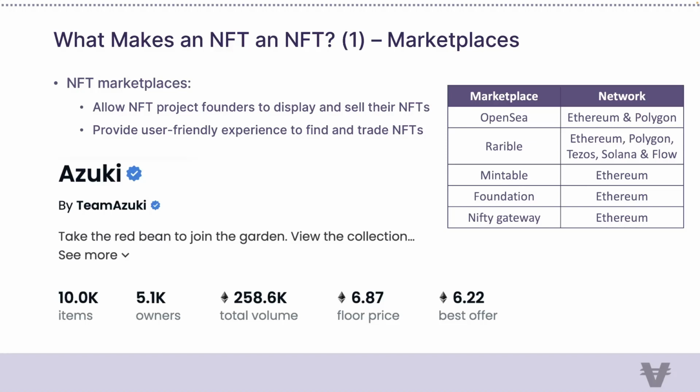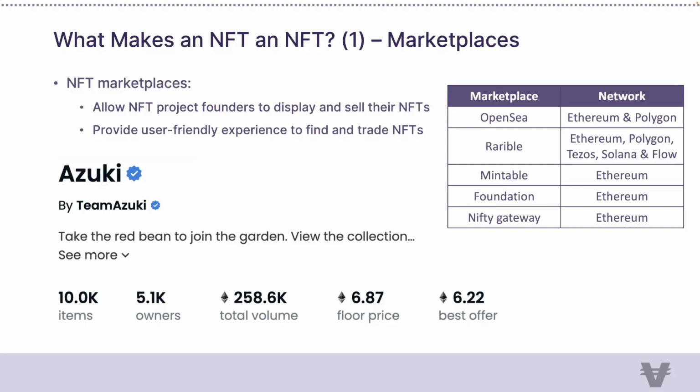We have OpenSea, Rarible, Mintable, Foundation, and Nifty Gateway. OpenSea is the most famous one, and it uses the Ethereum and Polygon networks. Rarible uses, besides Ethereum and Polygon, also Tezos, Solana, and Flow, while Mintable, Foundation, and Nifty Gateway only use the Ethereum network.